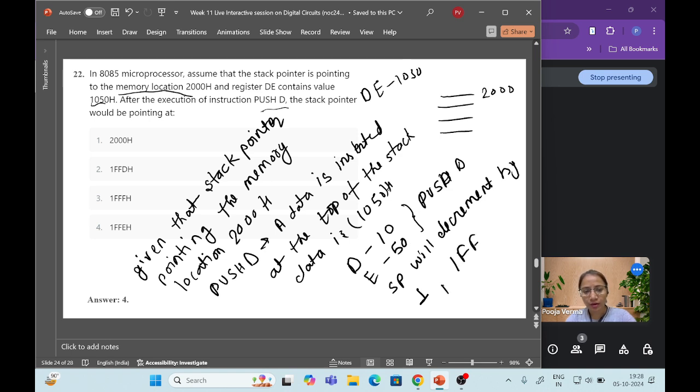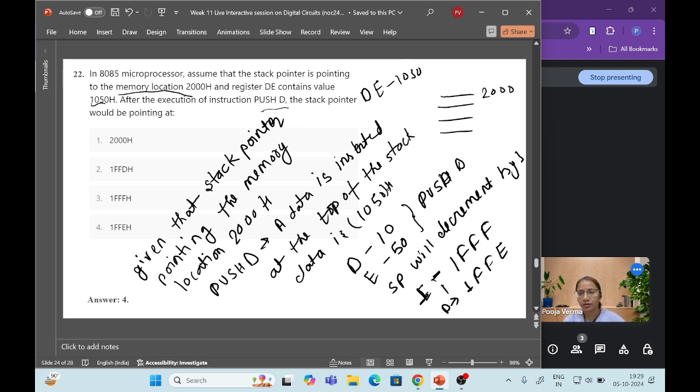So if we perform one PUSH D, it will be 1FFF. And again it will decrement by 1, to 1FFE. D is stored at this location and E at this location.